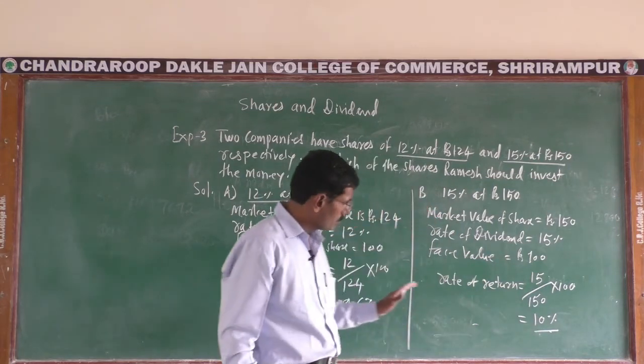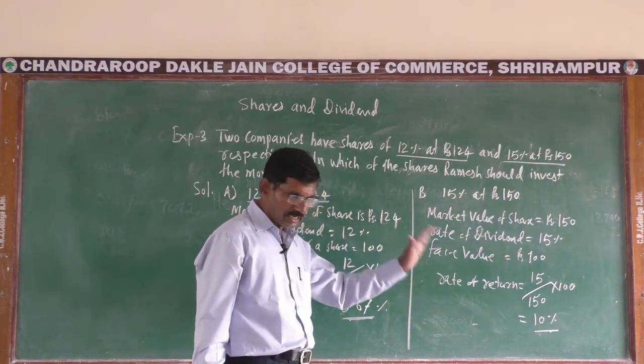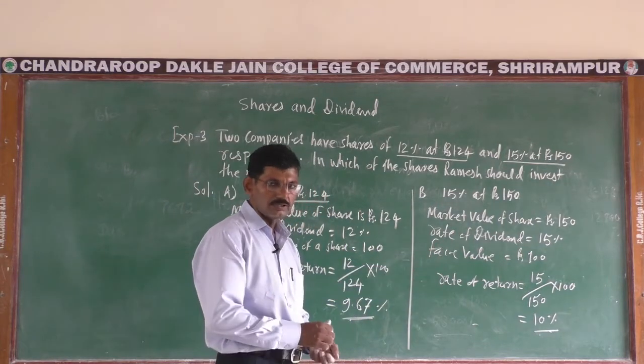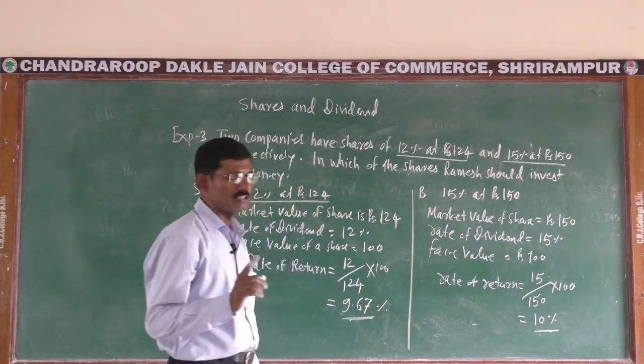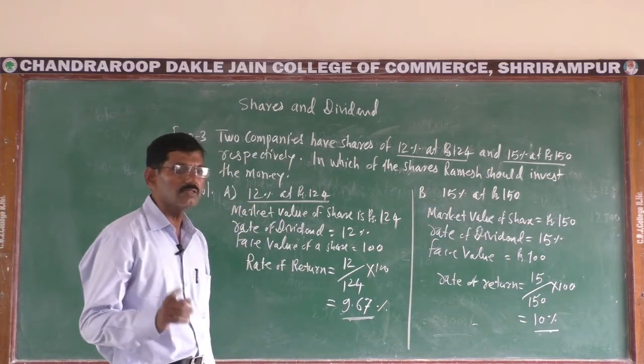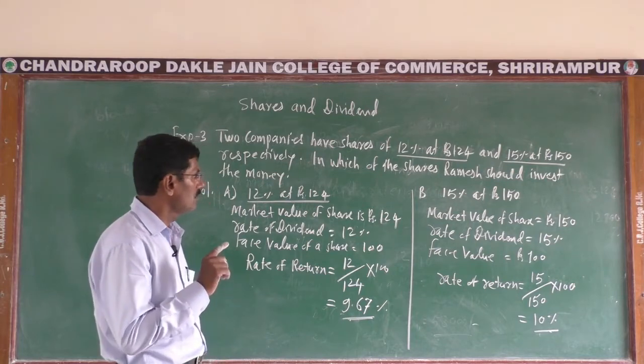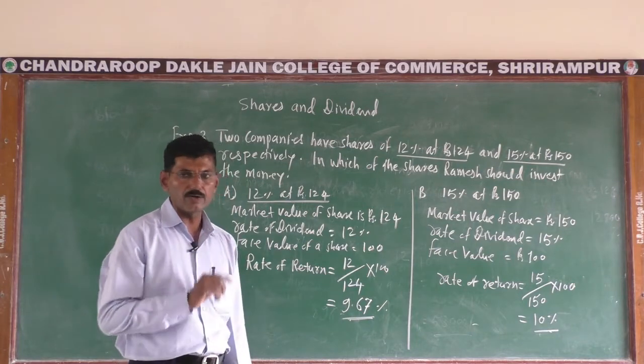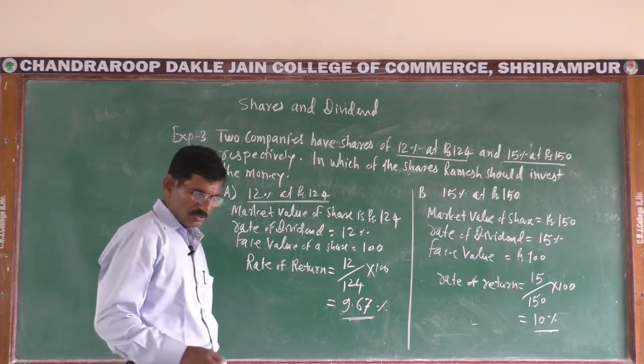It means the rate of return in second investment is higher, therefore the second investment is better, and Ramesh should invest in the second option, that is 15% at rupees 150.